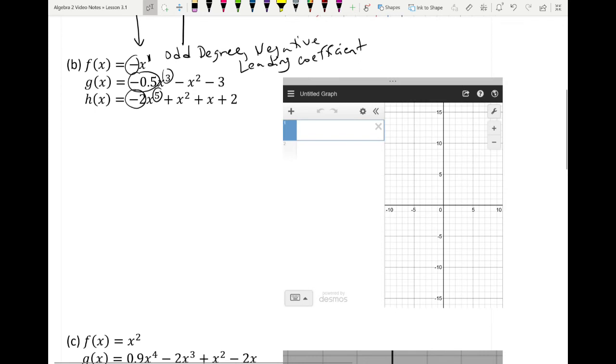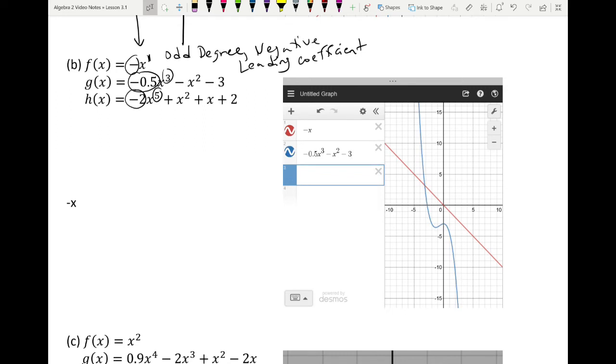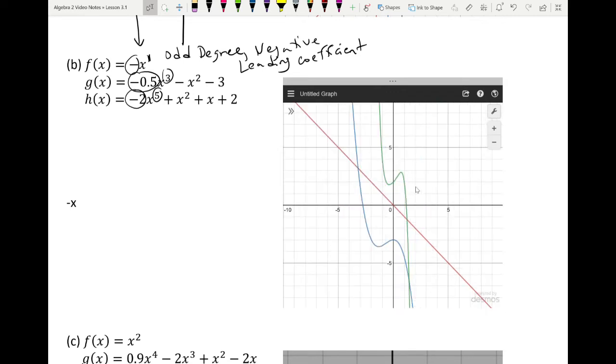So let's graph negative x. And then finally negative 2x to the fifth plus x squared plus x plus 2. Now let's look at the graphs.